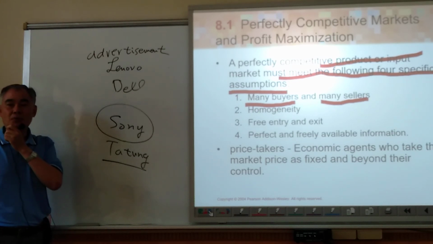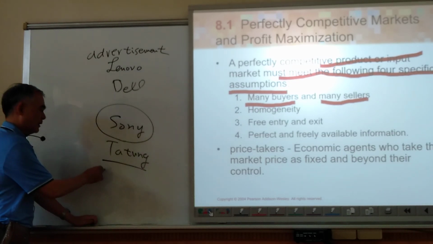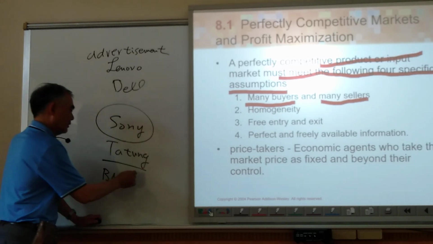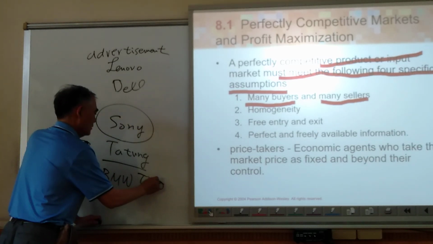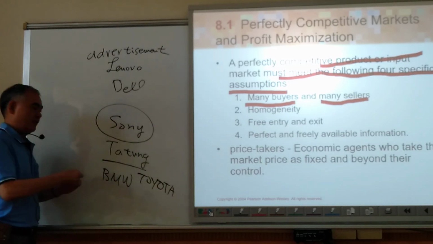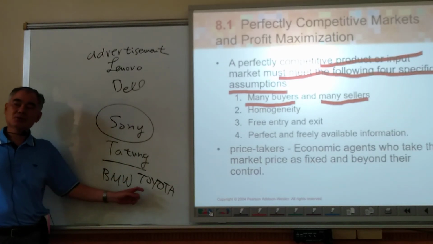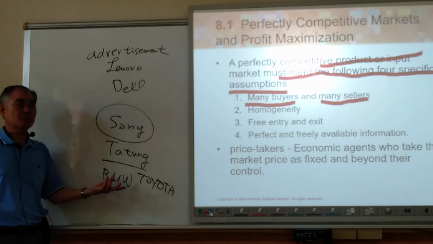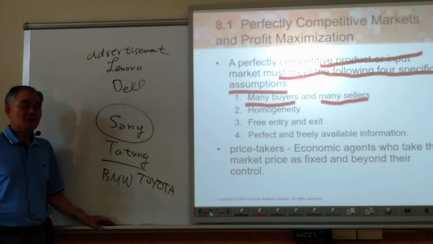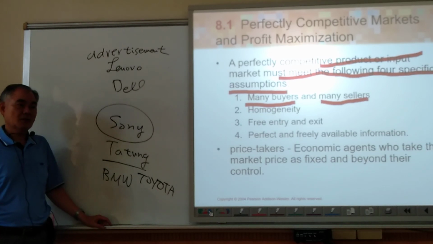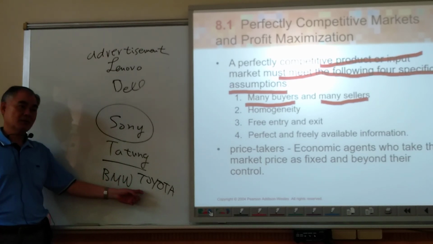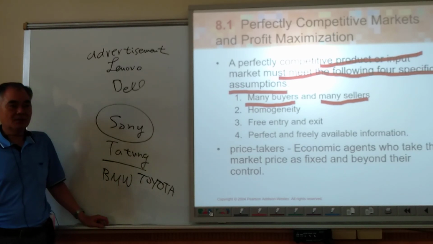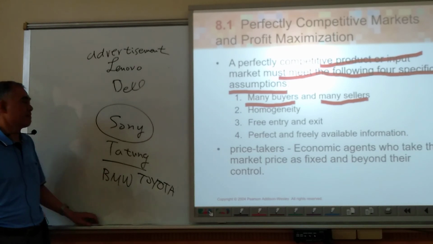So for example, let us say you buy a BMW and buy a Toyota. For these two kinds of cars, most likely they have to use chips, right? Computer chips are produced by TSMC or other companies. So even though they have different brands, the components actually may be the same.